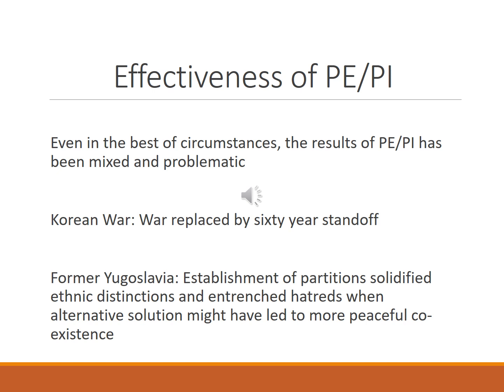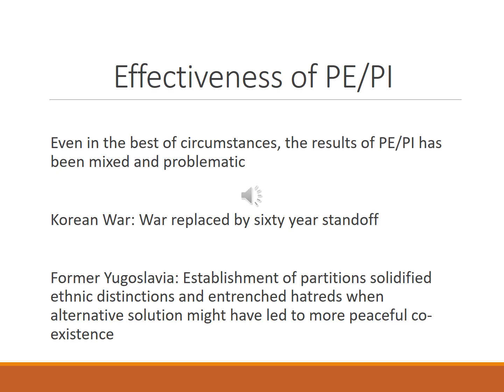And you have the case of the former Yugoslavia, where, as we saw, peacekeeping failed, so peace imposition was brought in. And that, again, stopped the genocide and the killing from taking place, but the cost of that was to impose these ethnic partitions that are now their own states in an area where multiculturalism and different ethnic groups living together had been the norm in the past.